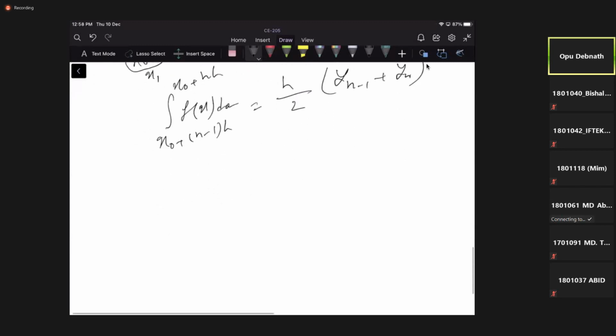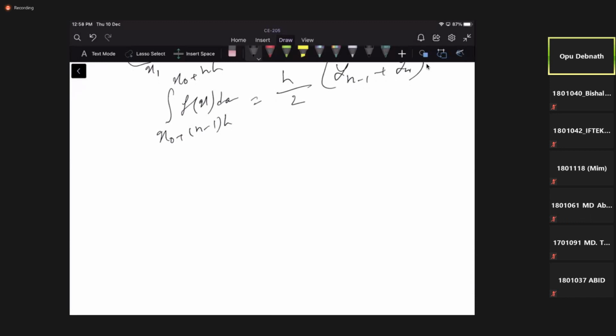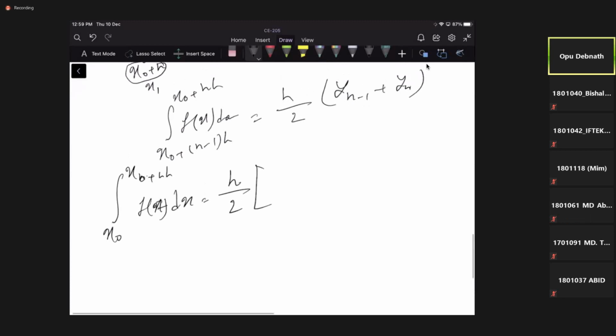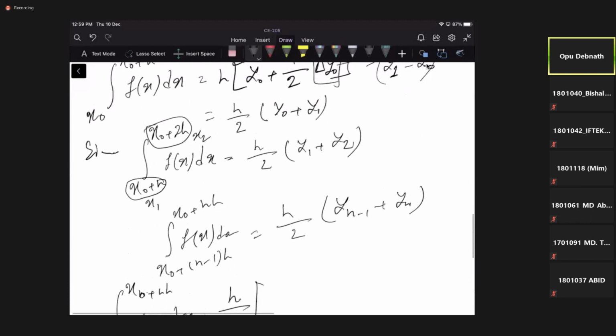Taking all the summation, that means x0 to x0 plus nh, f of x dx, the total integration value you will get here. While taking all these values, y0, y1 plus y1, y2 and so on. I think this equation is known to you from surveying. y0 is a single time, yn is a single time.